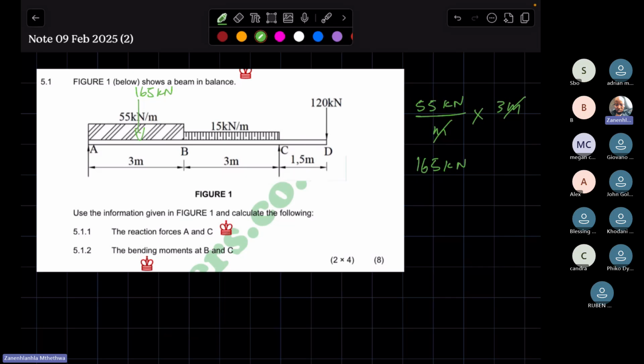So that means we are no longer going to be using the 3 meters. We'll be using half of 3 meters, which is 1,5 meters.